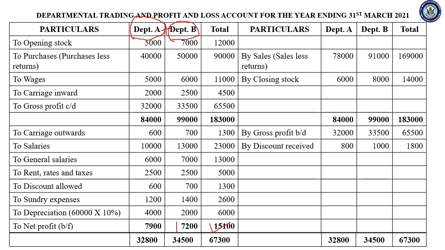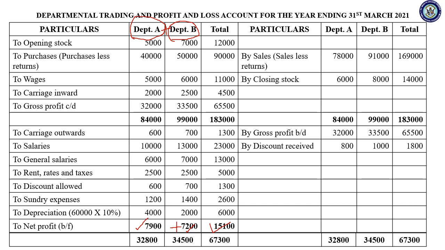Okay, that should be equal to total. 7,900 plus 7,200 should be equal to your total net profit 15,100.